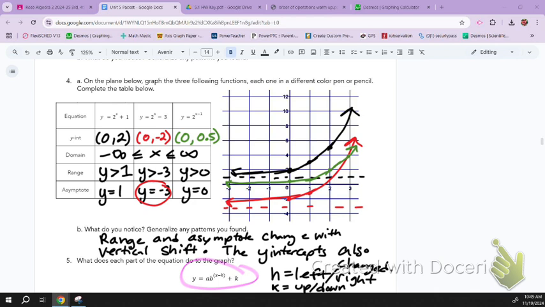From the number 3 up here, what does a tell us? A special point. What does a tell us? Gabe said it earlier. What does a tell us? Good, the y-intercept. B tells us how we're growing.